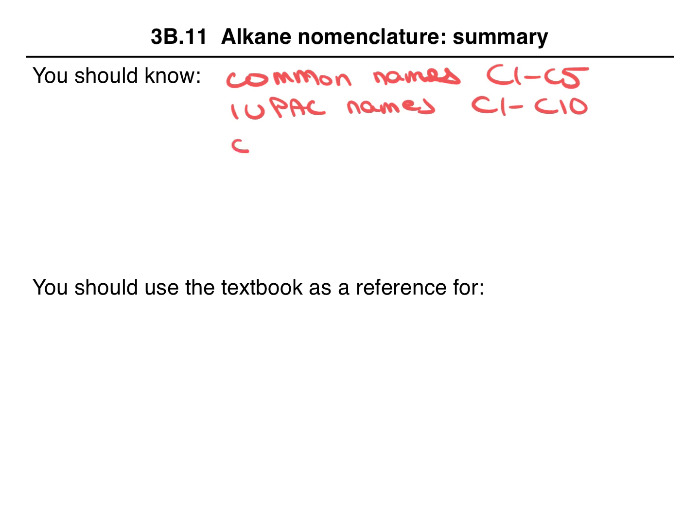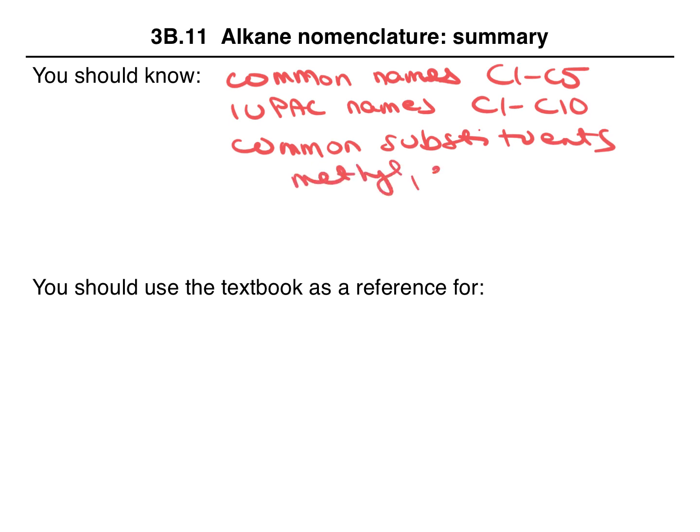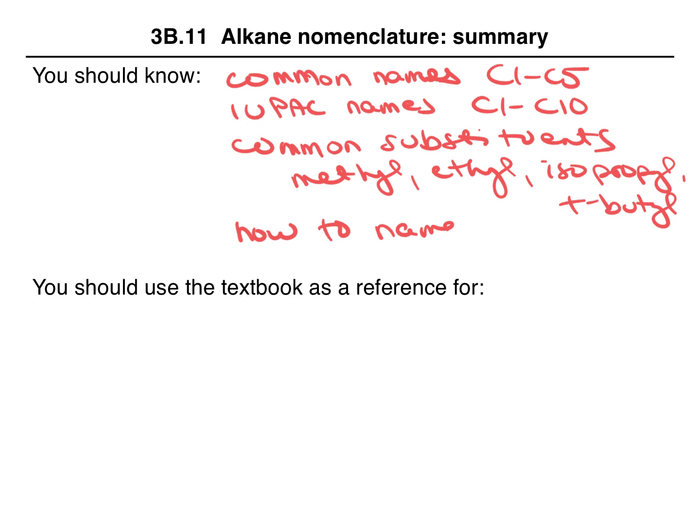I want you to know some common substituents, and what I call common would be methyl, ethyl, isopropyl, and T-butyl. And I want you to know how to name. So focus on numbering, focus on using the di-, tri-, etc. Include the number, then the name, and list them alphabetically.